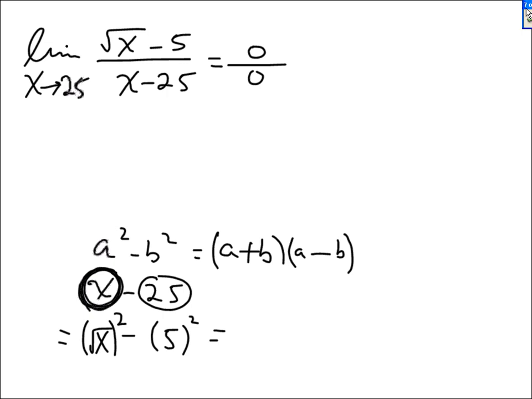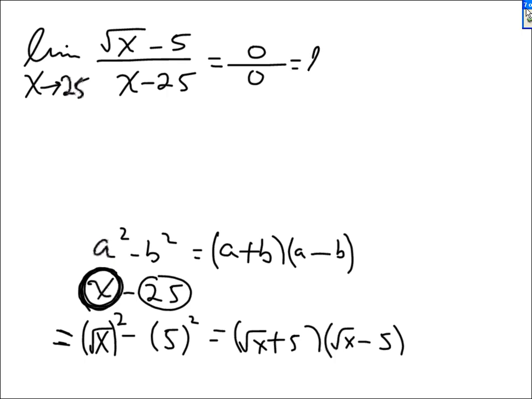X minus 25 equals the square root of x squared minus 5 squared. So I write down the 2 things being squared, the square root of x and 5, and then I do it again. One gets a plus, one gets a minus. So that's how you can factor the bottom.